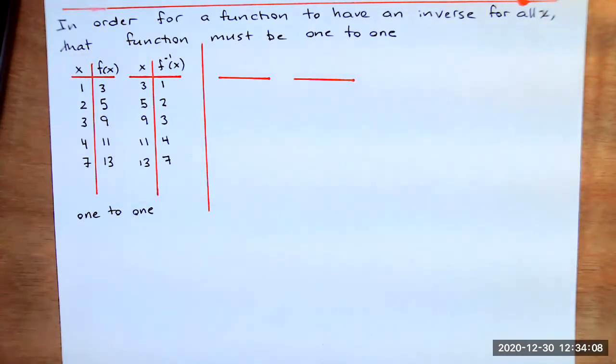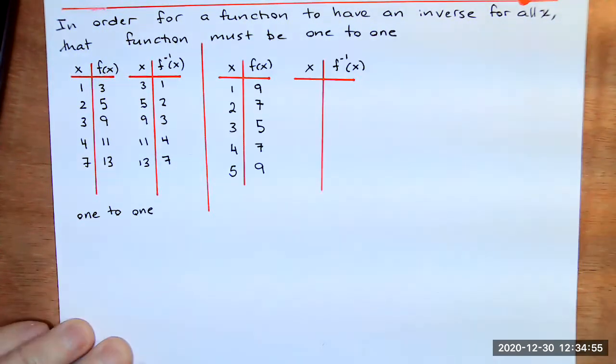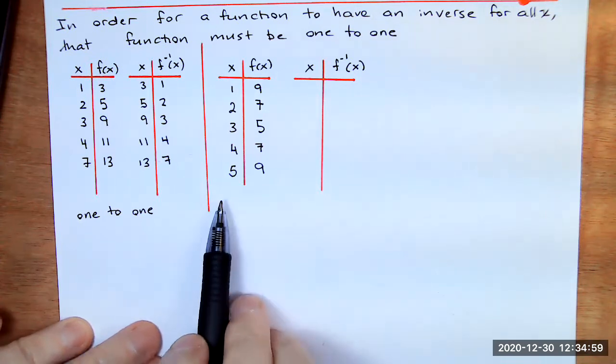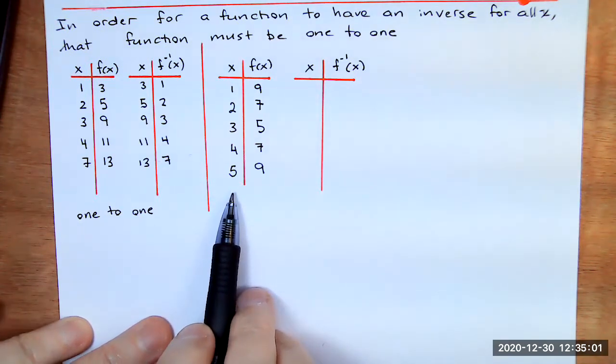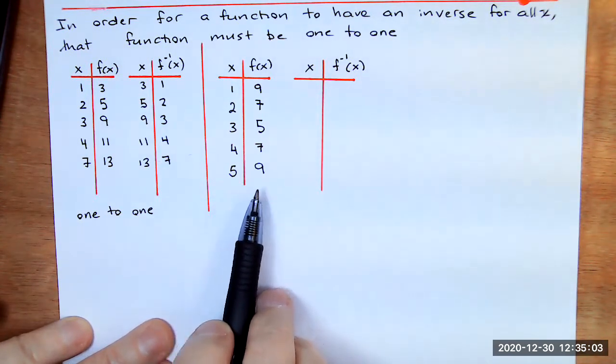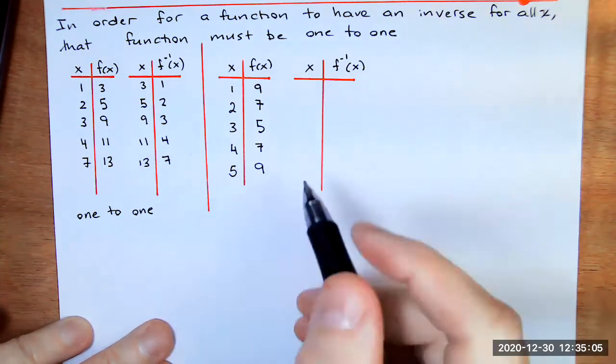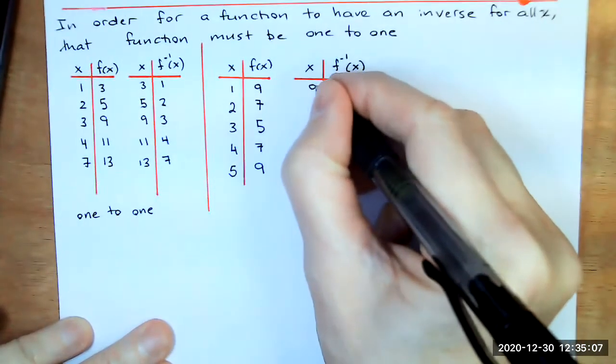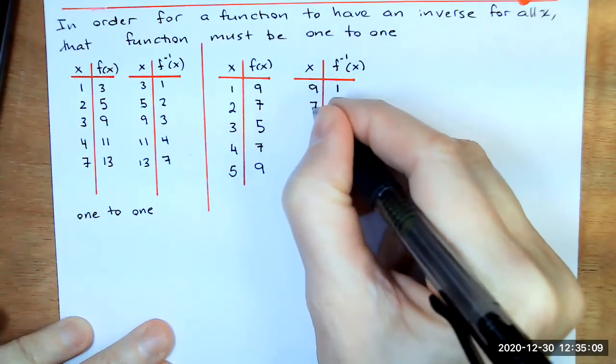Let's do a counterexample. All right, this function is not a 1-to-1 function. And let's try and take its inverse and you can see what goes wrong. So you would just switch the x and the y.